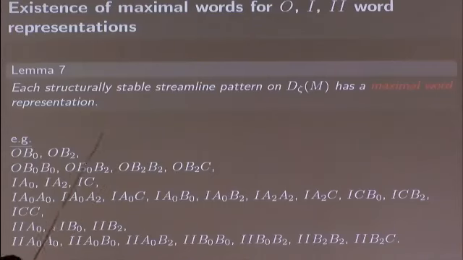It means every structurally stable Hamiltonian vector field can be represented by the maximal words. For example, like this, this is the whole list of the maximal words for the Hamiltonian vector field on the surface with genus 1 or 2.